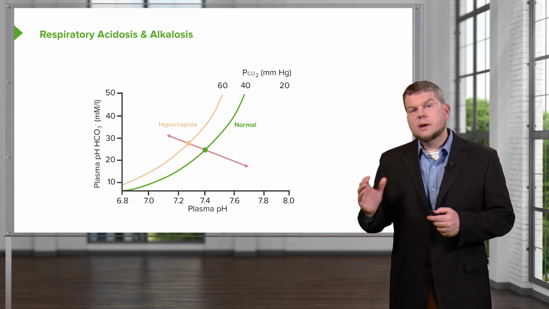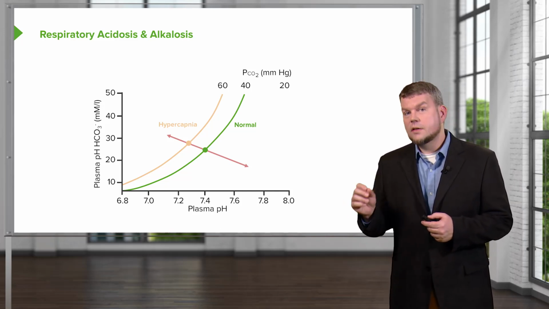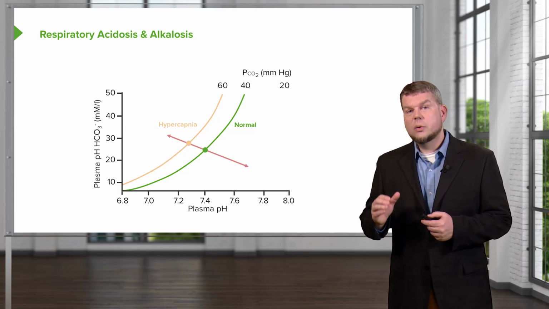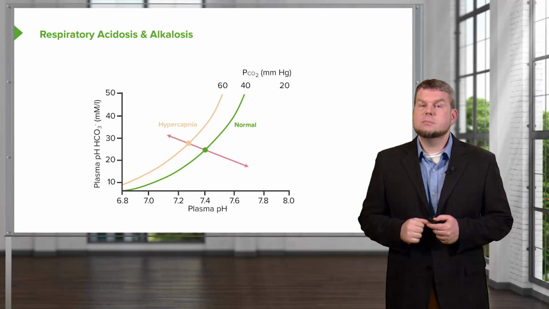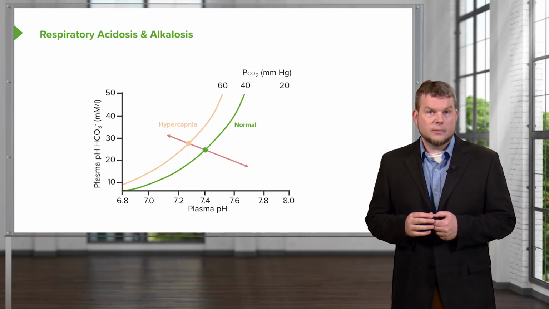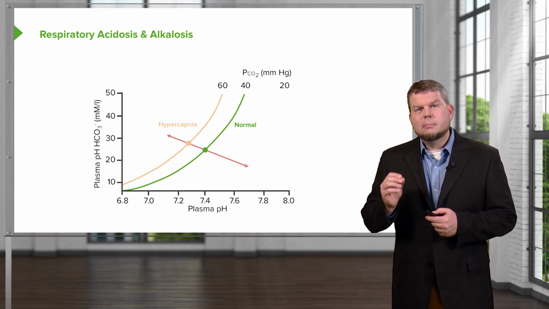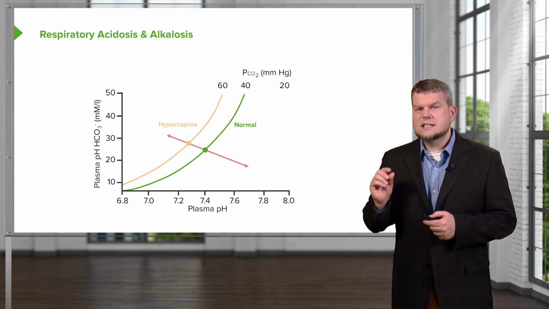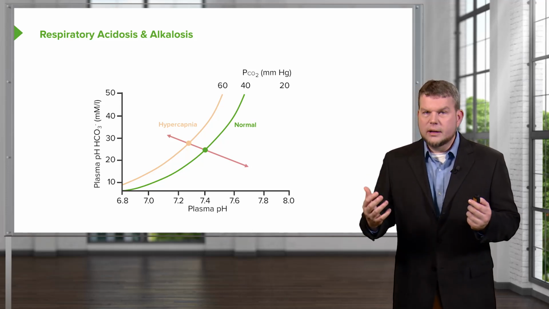This is the buffering ability of whole blood. So things like hemoglobin and other plasma proteins always allow you to travel not linearly, but having a small slope associated with it. The other thing I will point out is that bicarb levels rose slightly, but not a lot, just a little bit.